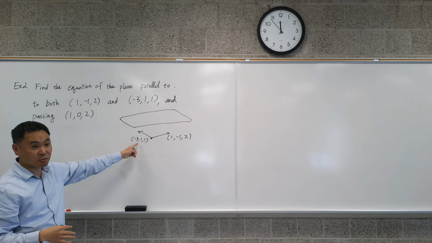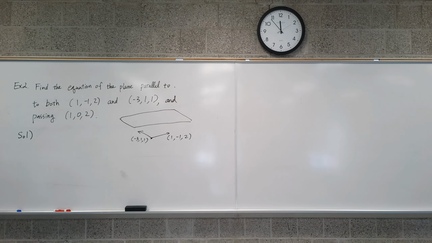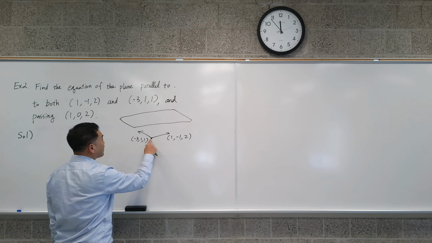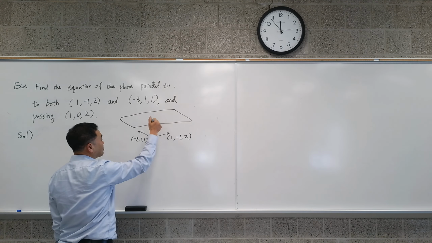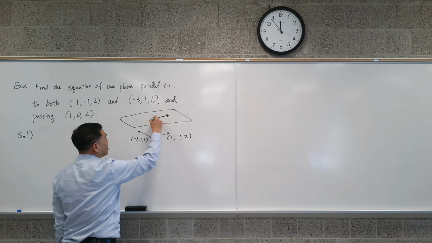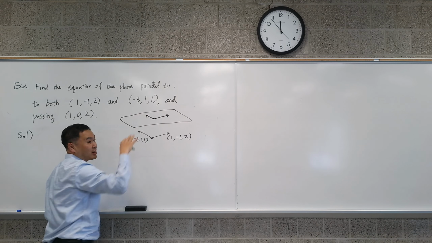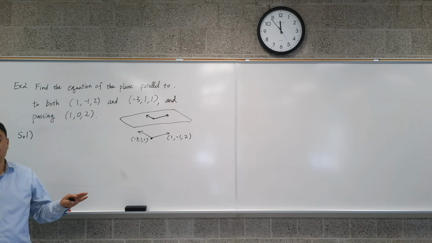Or another way to say it would be that if you move these vectors so that the initial point is here, then both of these vectors will be lying inside the plane completely. That's what I'm saying. Is that okay?